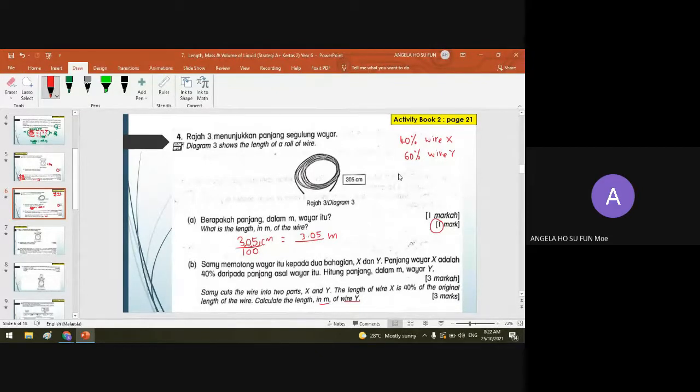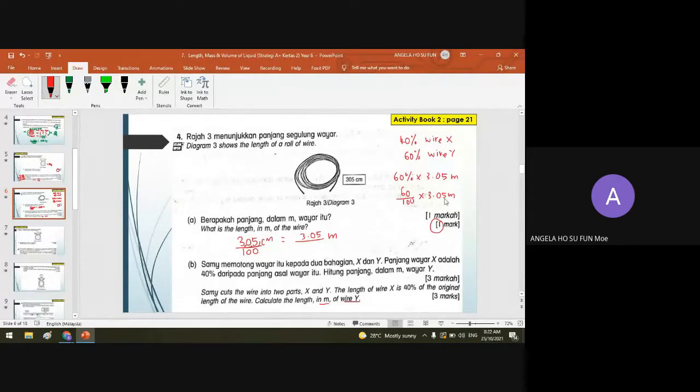You can straight away use 60% times the original length, that is 3.05 meter. So change your 60% into a fraction, that is 60 over 100, times 3.05 meter. Okay, so you can see from here how you do it.